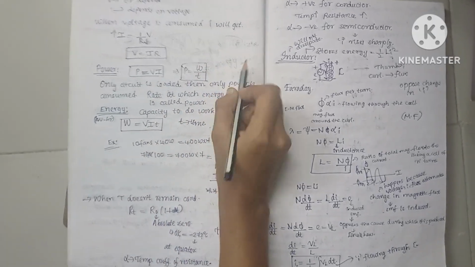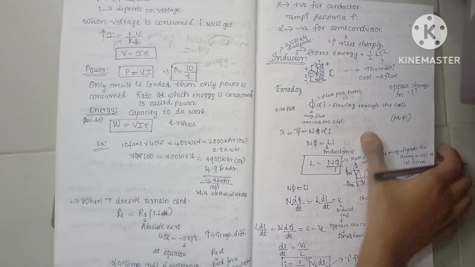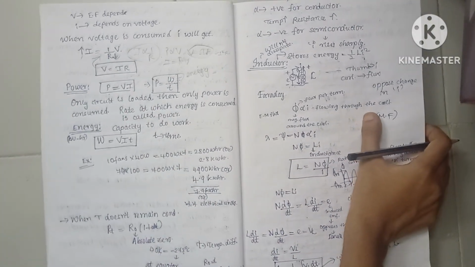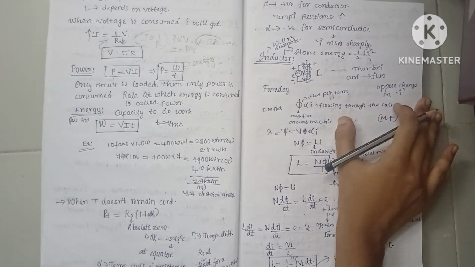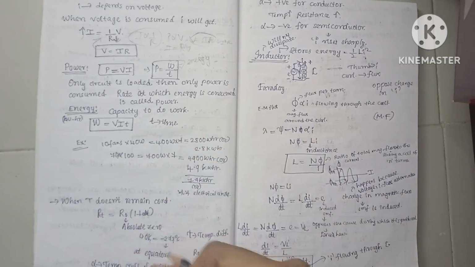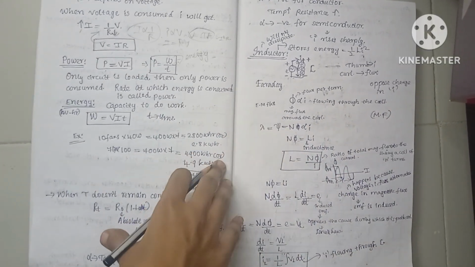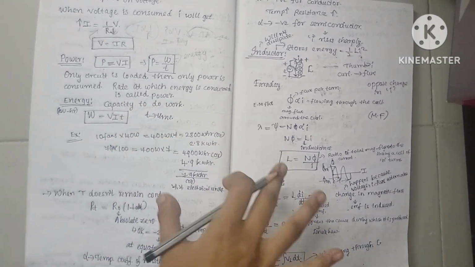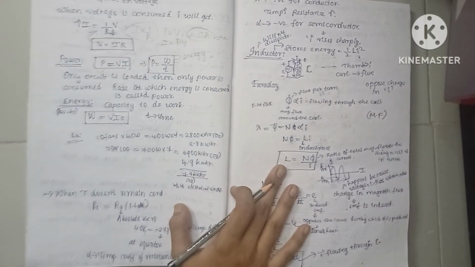Only when your circuit is loaded, power is consumed. If it is not loaded, then no power is consumed. That means the rate at which energy is consumed is said to be power.